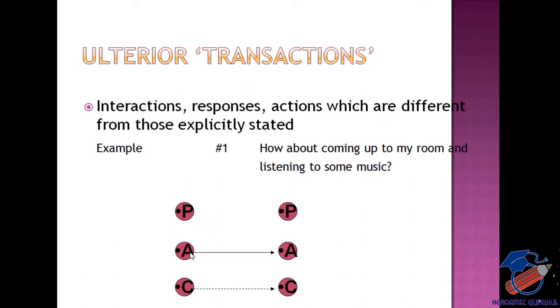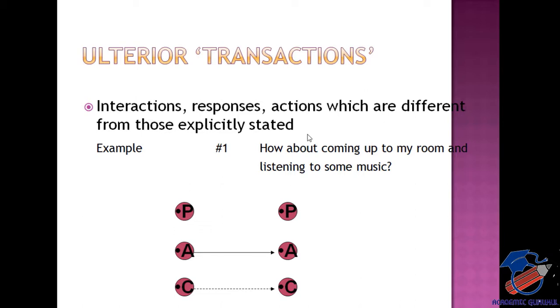Actually, in this particular case, it appears that one ego state is sending a message to another ego state, but actually in the background the other ego state is working. Like interaction, response, action, which are different from those explicitly stated. जो clearly कहा जा रहा है, explicitly कहा जा रहा है, उससे बहुत different है.